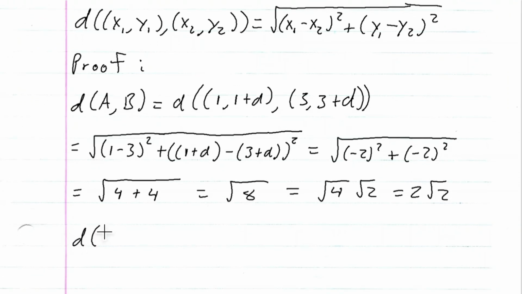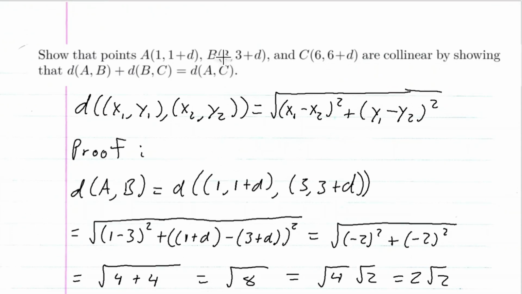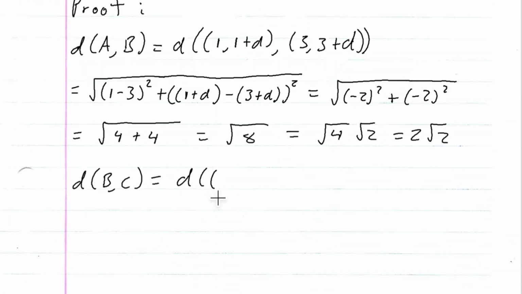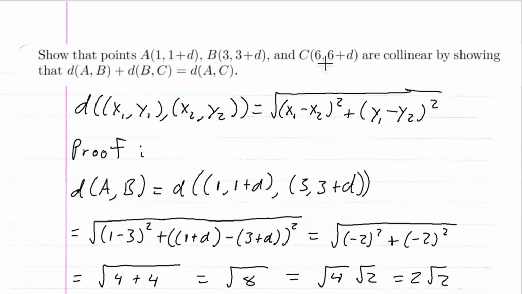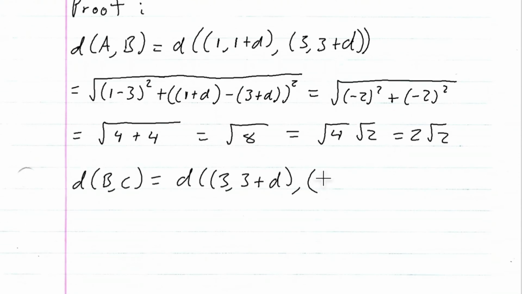So the distance between B and C is equal to, let me write this first. The point B is (3, 3 + D), and C is the point (6, 6 + D). So this is equal to a long square root again.